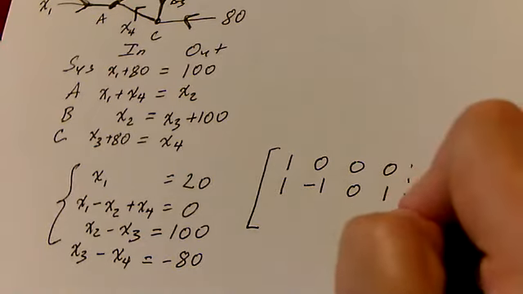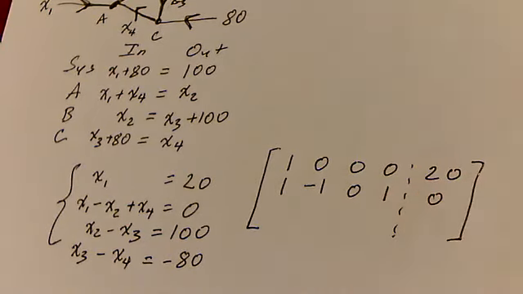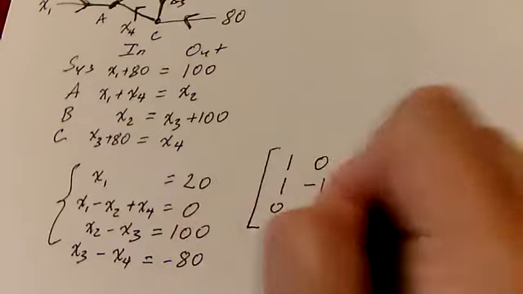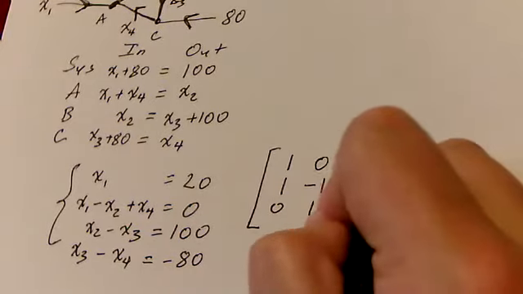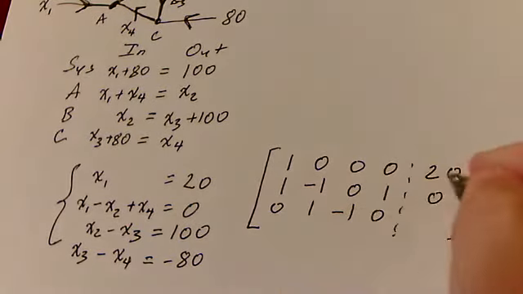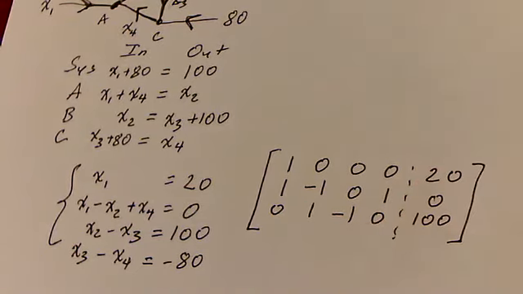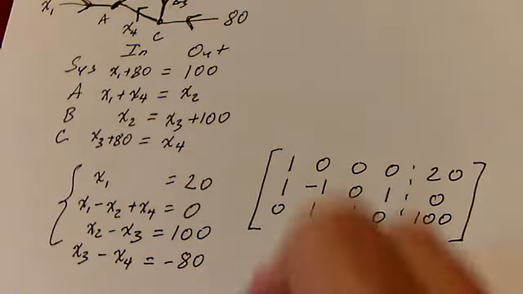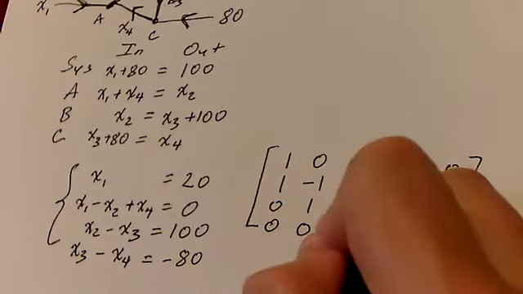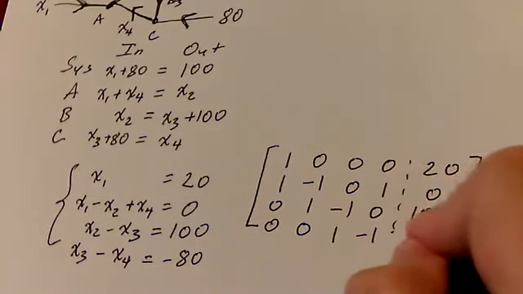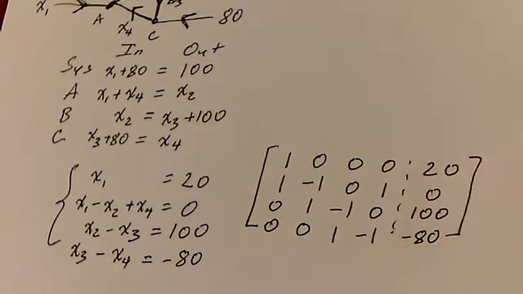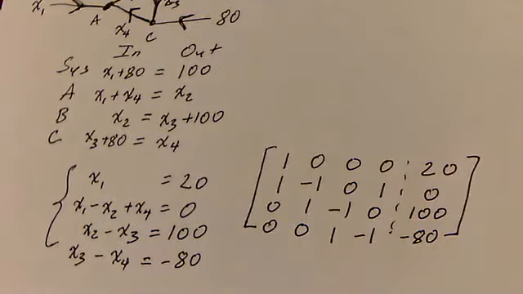Again, I'm augmenting this here. Third equation, no x1s, 1 x2, negative 1 x3, no x4s, and 100. Fourth equation, I have no x1s, no x2s, 1 x3, a negative 1 x4, and that is equal to negative 80.